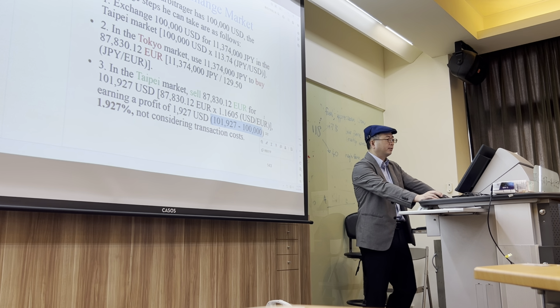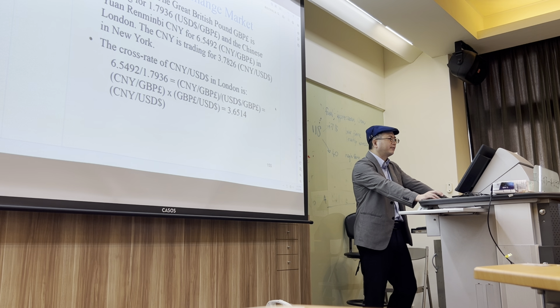All right. Just like what we did, let's go with one example here. The example has the British pound, the China yuan, and the USD. Let's assume the exchange rate of the British pound to the USD is about 1.7936, and the China yuan to the British pound is about 6.54 in London.